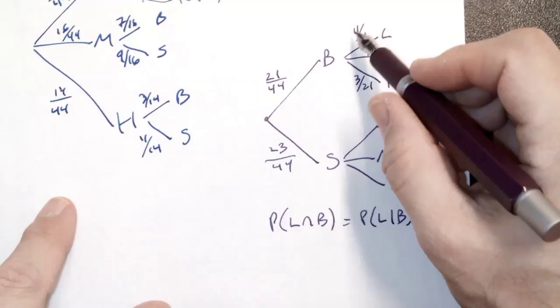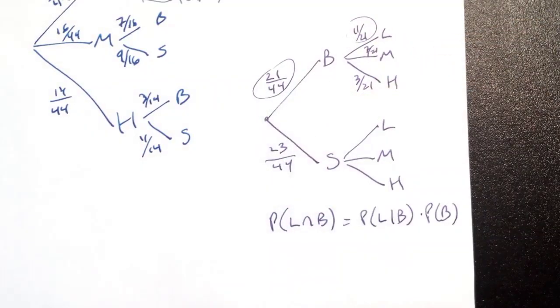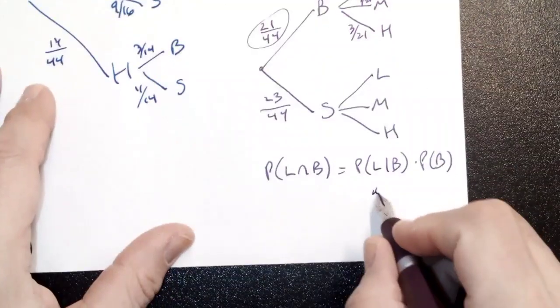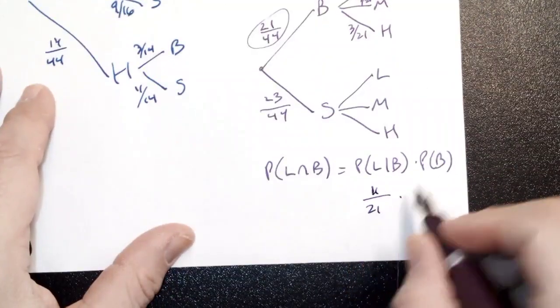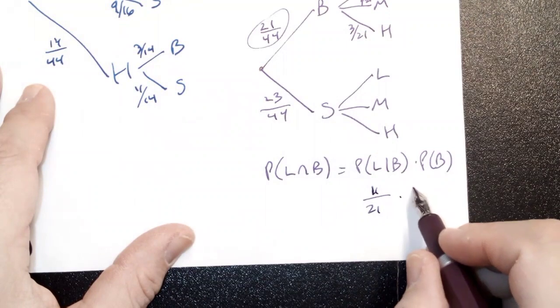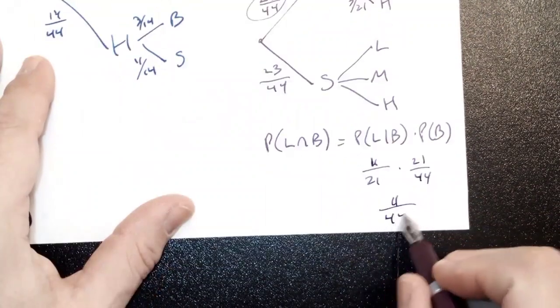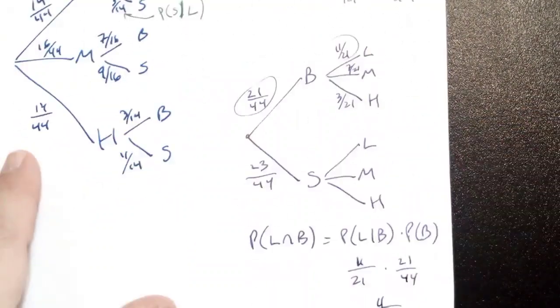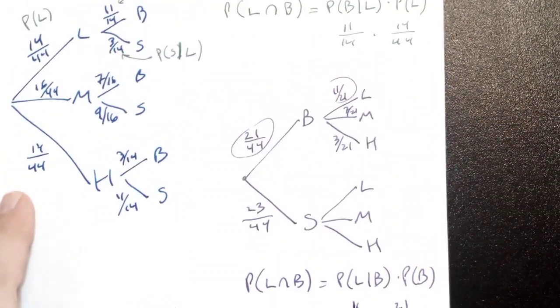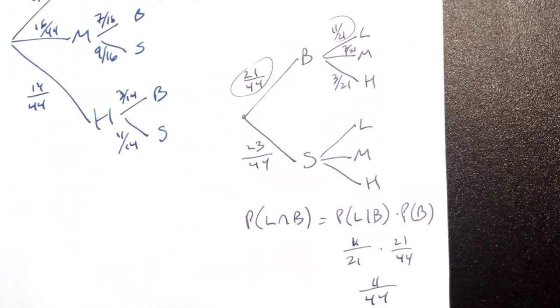But those are still these two numbers, aren't they? Low given bond is 11 out of 21. Bond total is 21 out of 44. And if I multiply, I get 11 out of 44, which is the same thing we got there. It works the same way.